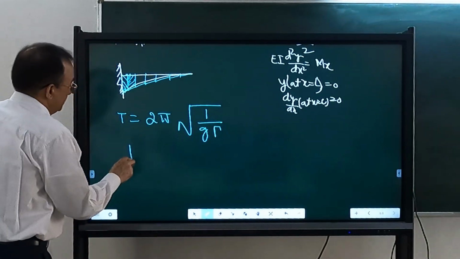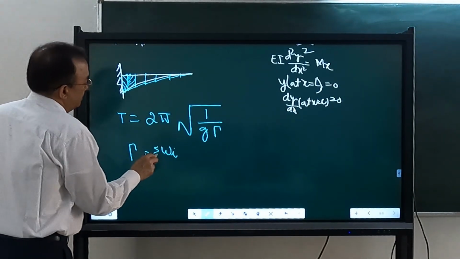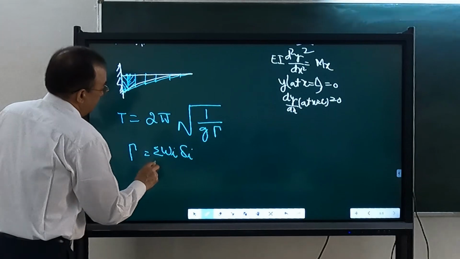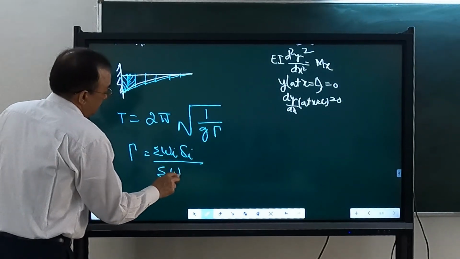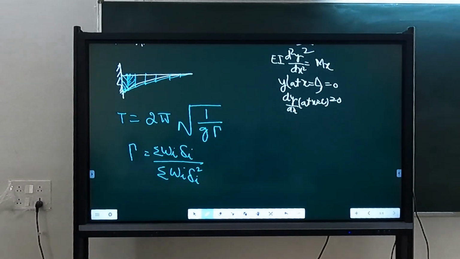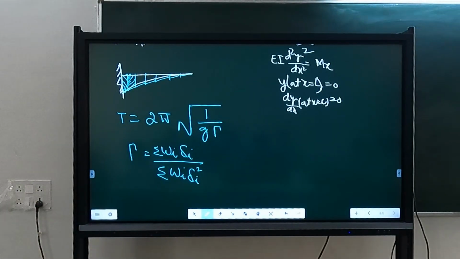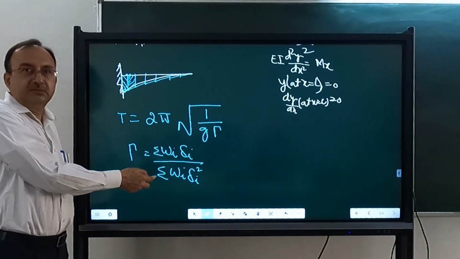And what is γ? It is ΣWi or Mi δi divided by... You can see that this formula is the same as we have done in direct displacement design for δD. So the inverse of this is actually δD.